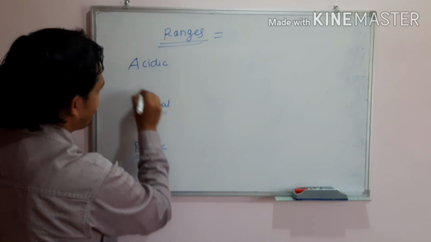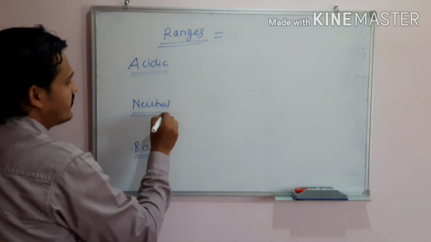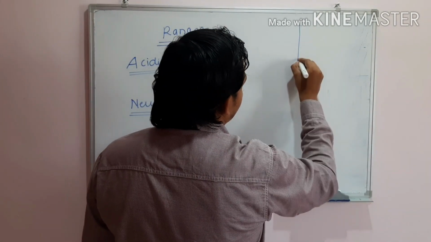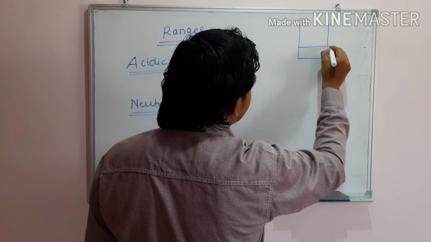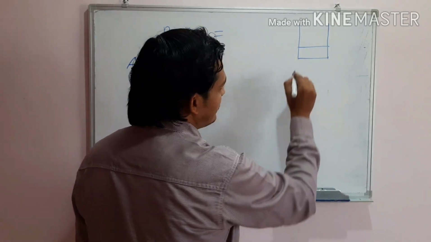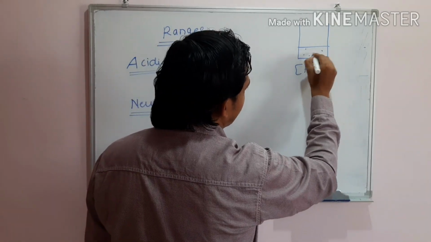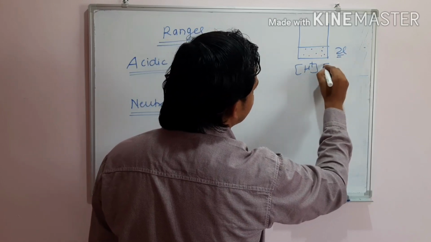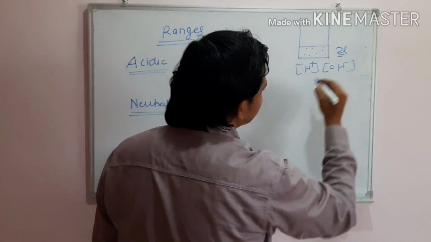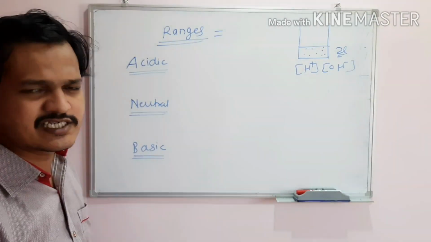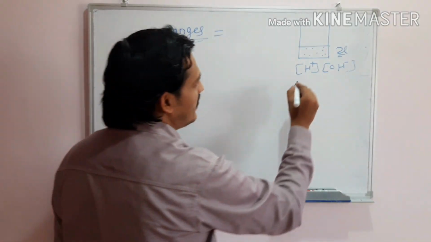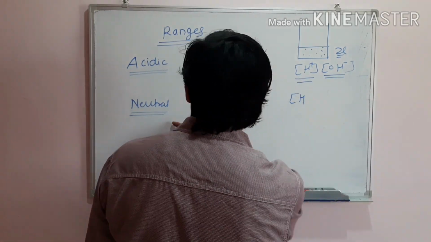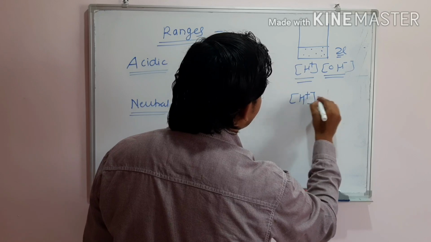First of all, I am giving you the easy one, that is the neutral solution. A neutral solution consists of an equal number of H plus ions and OH minus ions. So the value of H plus ion is equal to the value of OH minus ion in case of a neutral solution.